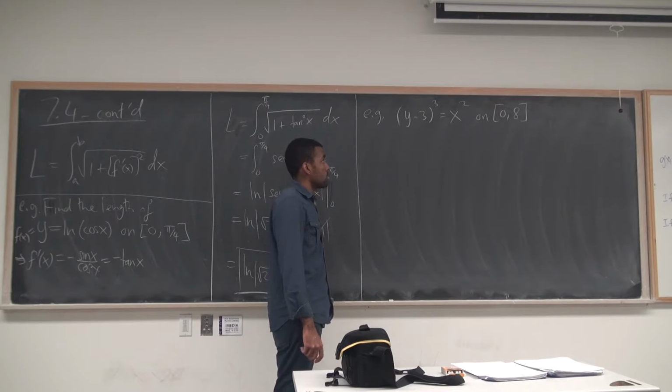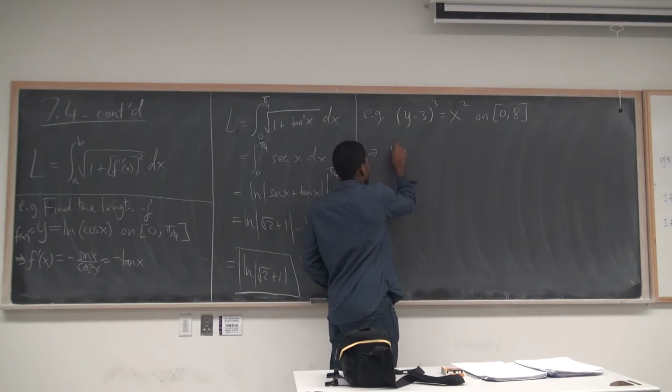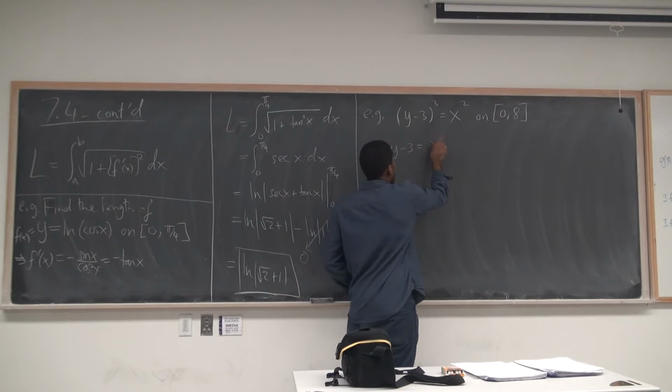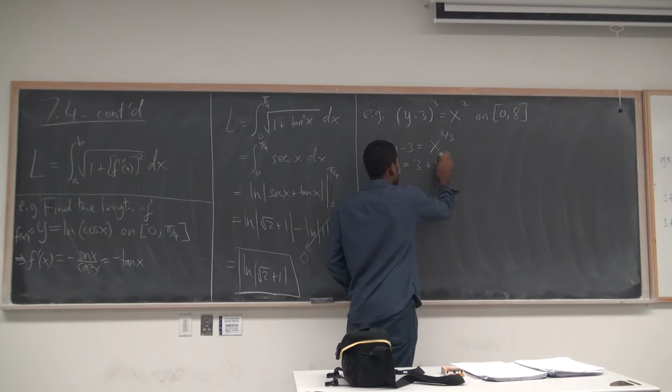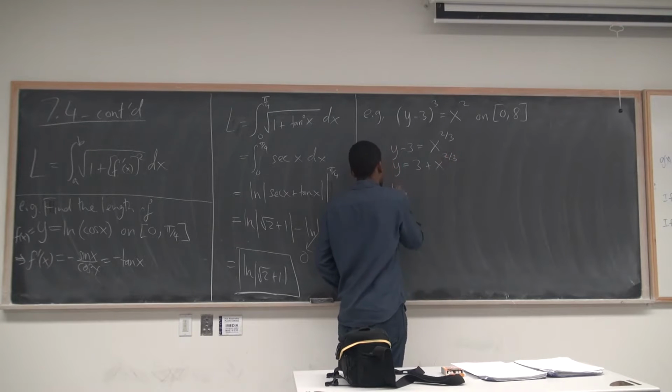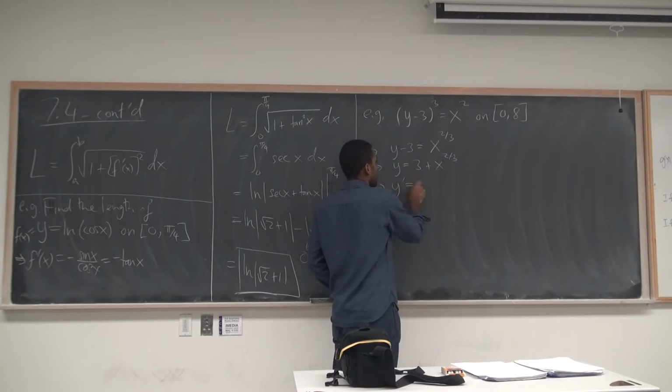Cube root both sides. Okay, so you have y minus 3 is equal to x to the 2/3. This means that y is equal to 3 plus x to the 2/3. This means y prime is equal to what?